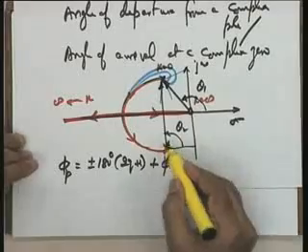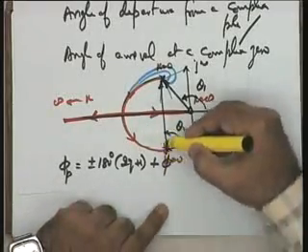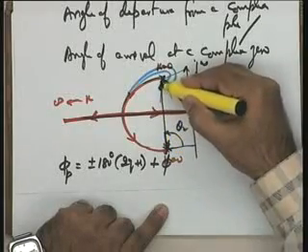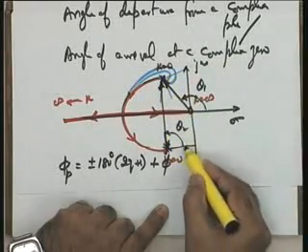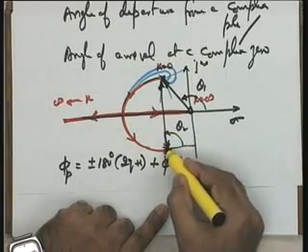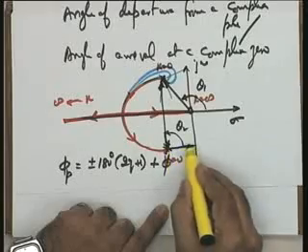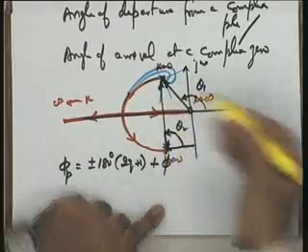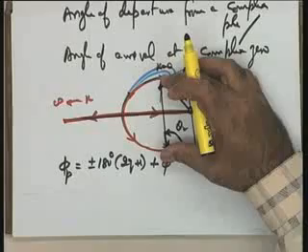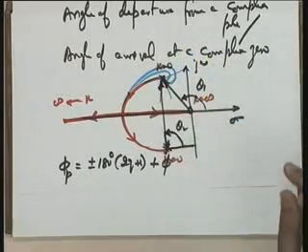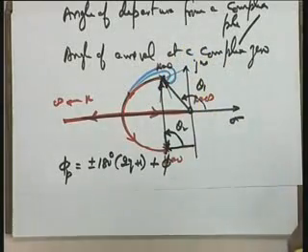I repeat the rule, please. Theta 2 in this figure is naturally 90 degrees. I have drawn a vector to this particular point under consideration, and this is the angle contribution of this pole at this point. I have drawn a horizontal line and this is the angle. In this particular case, it is too obvious because these are the complex poles. This particular angle theta 2 is equal to 90 degrees.